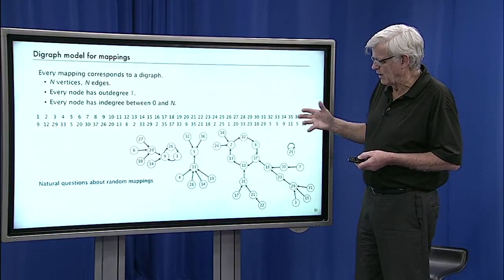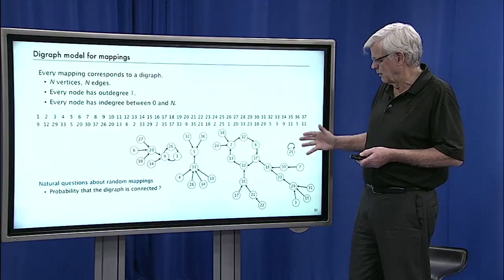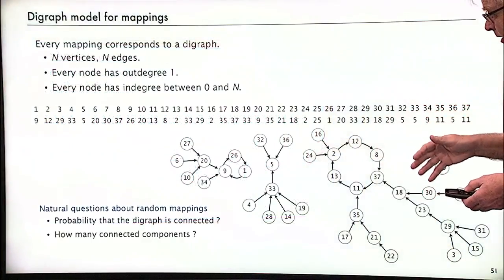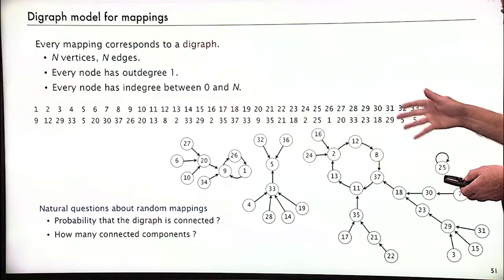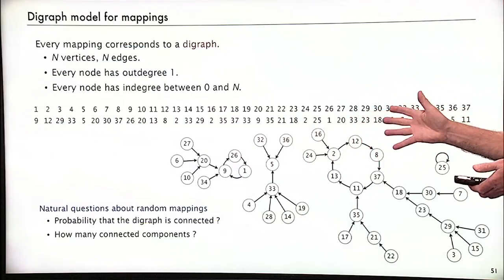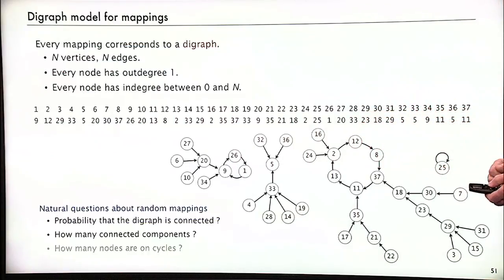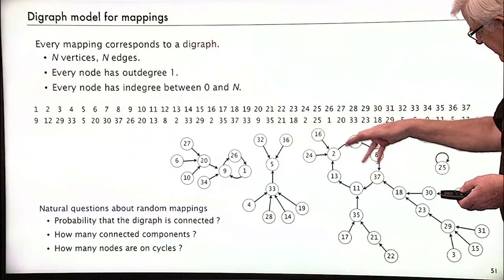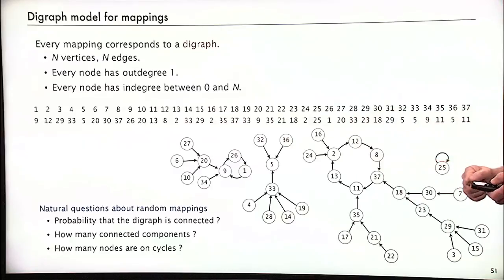So natural questions that come up is, well, what's the probability the thing is connected? Or if it's not connected, what's the average number of connected components? Or how many of the nodes are on cycles and how many of them are on trees?